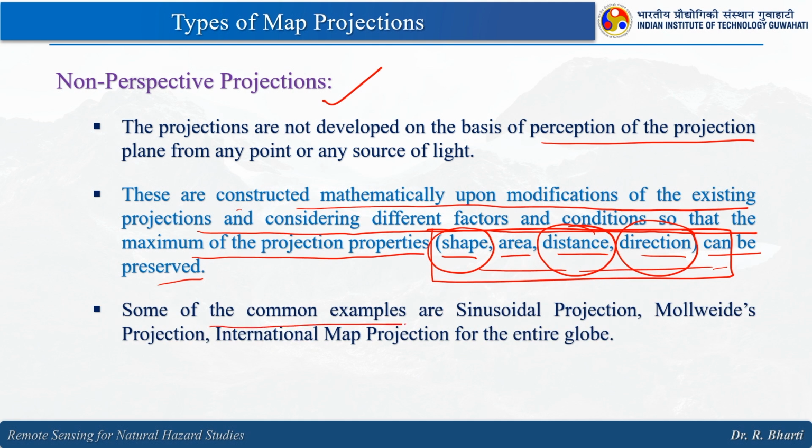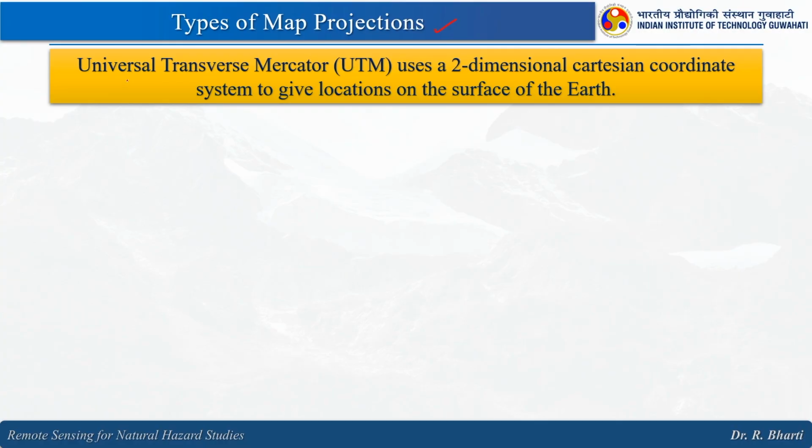Some of the common examples are sinusoidal projection and the international map projection for the entire globe. This will be the best way to represent the earth and you will have better approximation, because all these values like shape, size, direction are all preserved. One of the non-perspective projections is the UTM.